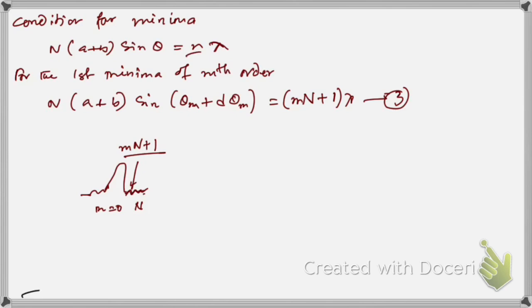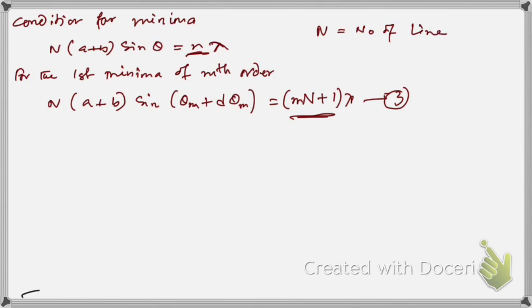So that's why this n is replaced by this, right? So hope you have understood this. So now just let me cut it. So here n is the number of lines on the grating. So this is what we have got.